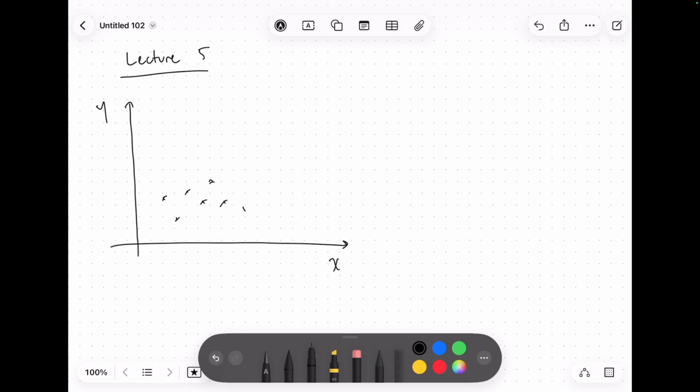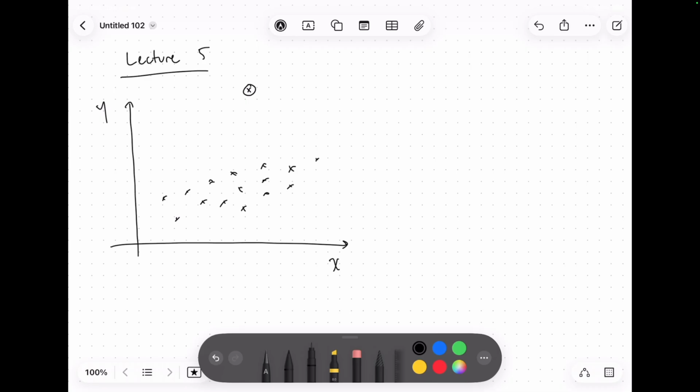We're going to have some group of data points like so. And okay, I'm going to draw a point out here. So we got this little data point that seems much higher than everything else.